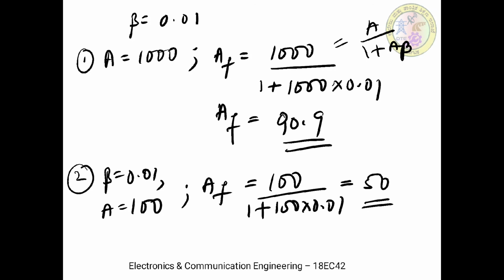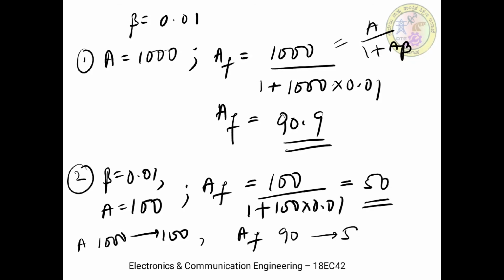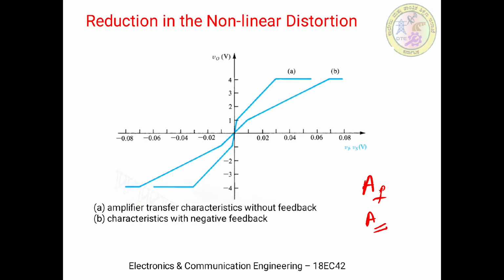So now A has changed from 1000 to 100, whereas AF has changed from 90 to only 50. It means that AF is now less sensitive to changes in A, and this is possible only because of the feedback connections. Because of this, non-linear distortion will be very much reduced.